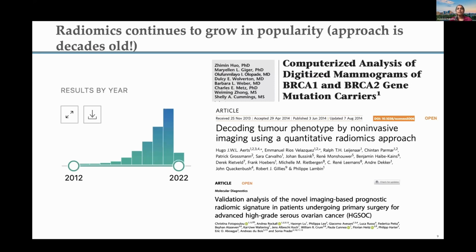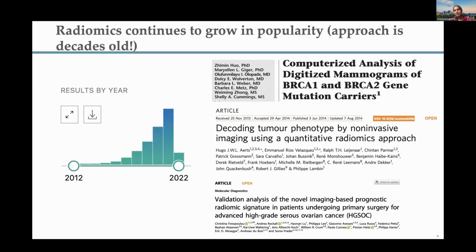This concept is called radiomics. The idea is that there is a lot more information than we have been capturing in the data that we get out of an MRI or a CT. So can we somehow quantitatively capture these differences between what might be benign versus malignant nodules?